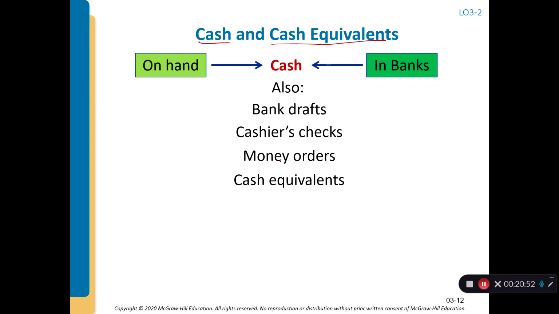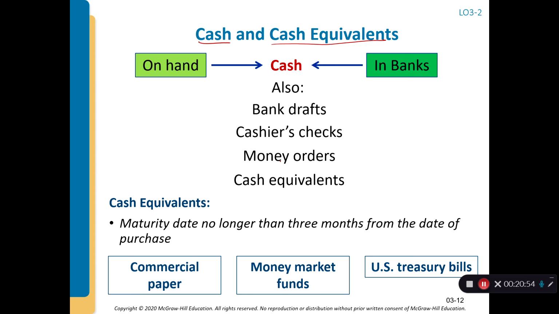And what does cash equivalent specifically mean? It means that the maturity date of that financial instrument is no longer than 3 months from the date of purchase. For example, it can be commercial paper, money market funds, and U.S. Treasury bills, right? These items are listed as cash equivalents because they are highly liquid investments that can be quickly converted to cash with little risk of losing money, right?